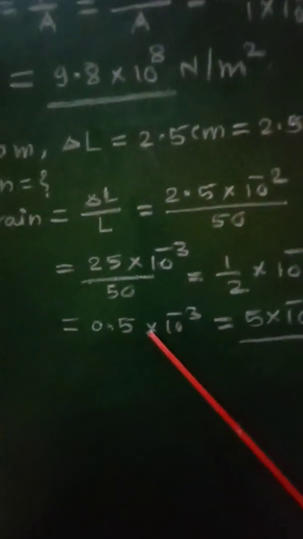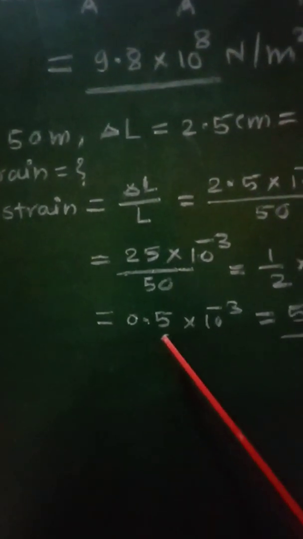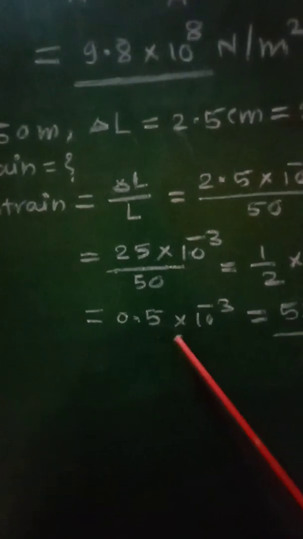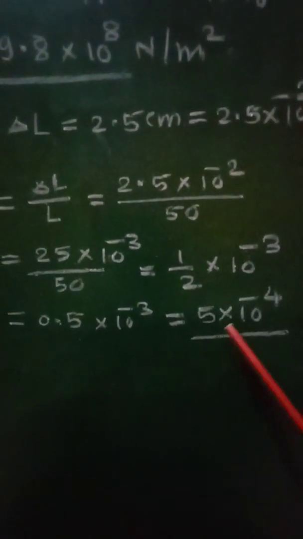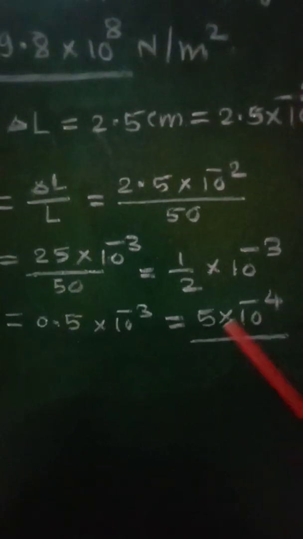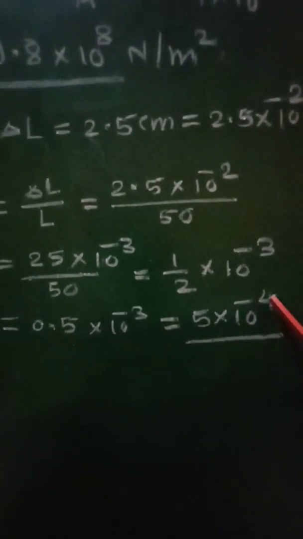But this 1 by 2 is 0.5, so strain will be equal to 0.5 into 10 raised to minus 3, which will be written as 5 into 10 raised to minus 4, and this will be the required strain, that is 5 into 10 raised to minus 4.